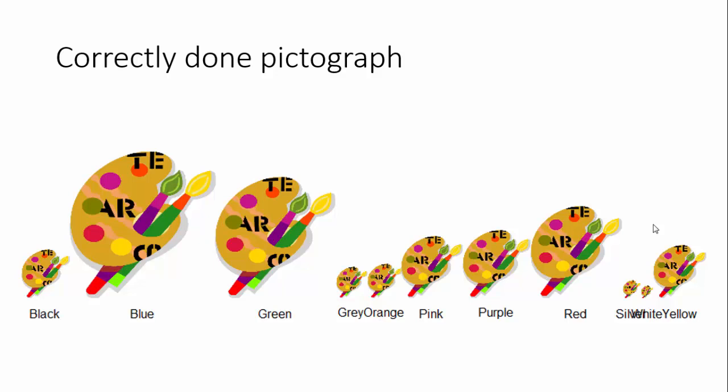I'll tell you what I did: I grew these by the square root of their sizes. One disadvantage is that I can no longer put a y-axis here. The height of the palettes doesn't tell me how much they are. So even this kind of pictograph has problems. But at least I did it correctly using the area principle. The area of each of these palettes reflects the quantity that they're measuring.